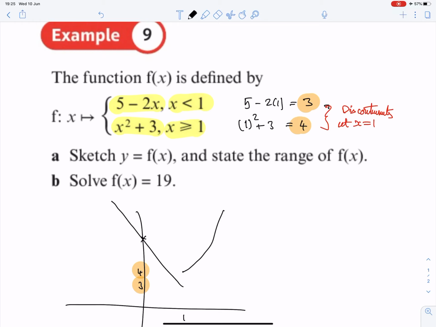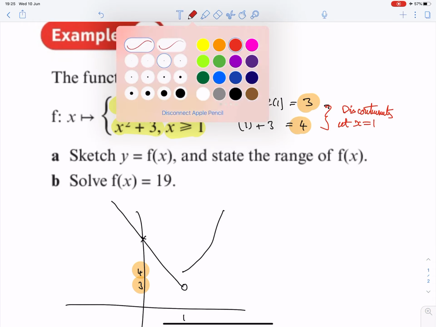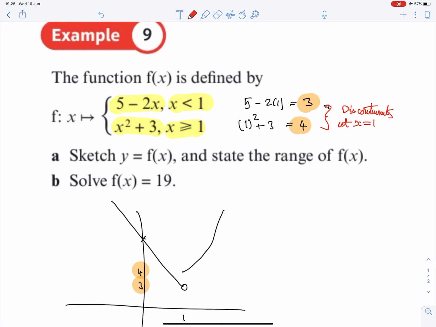Now, we also need ways of showing the discontinuity, which value we're actually including. Like when we've done inequalities before, the dot that's not coloured in shows the point is excluded. The point at x equals 1 is excluded.